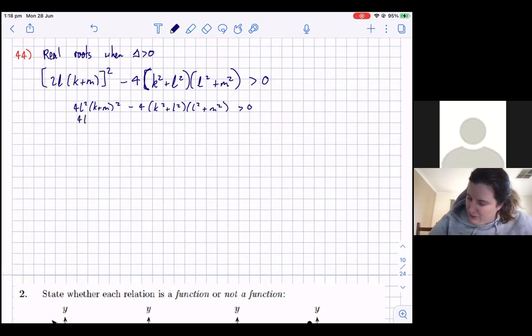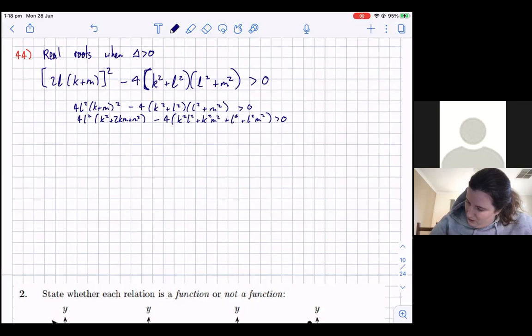So we've got 4l squared times k squared plus 2km plus m squared, take 4 times k squared l squared plus k squared m squared plus l to the 4 plus l squared m squared, greater than 0.